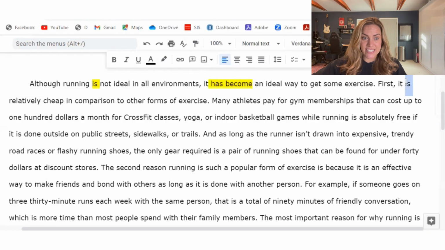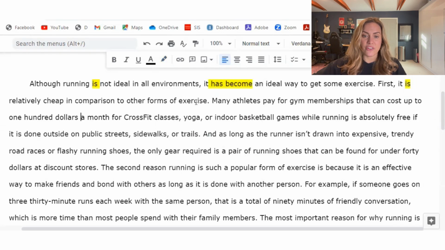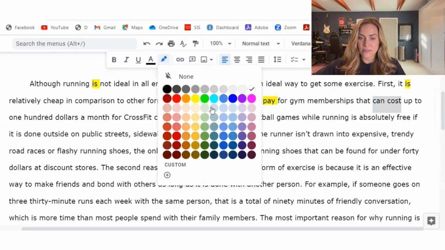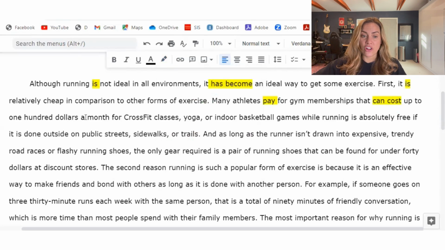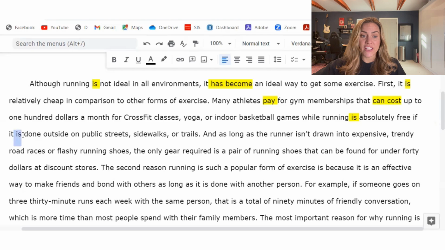First, it is relatively cheap in comparison to other forms of exercise. So this sentence is still in the present tense. Many athletes pay, present, for gym memberships that can cost, present, up to $100 a month for CrossFit classes, yoga, or indoor basketball games, while running is, present, absolutely free if it is, present, done outside on public streets, sidewalks, or trails.